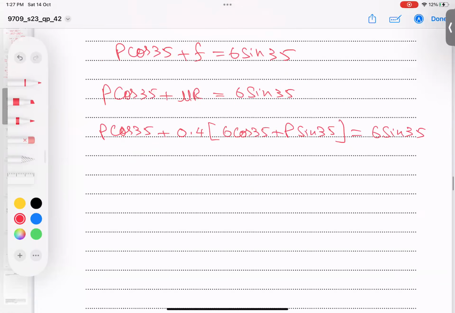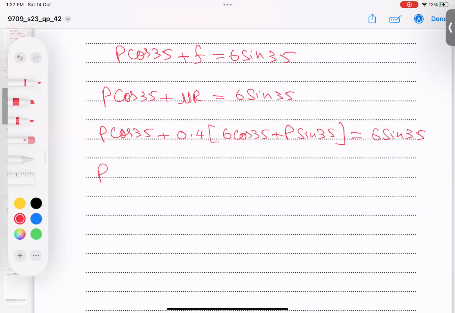And the rest is just algebra. I'm completing P cos 35 plus 0.4 multiplied inside with both values. So I get what? P cos 35 plus 0.4 times 6 cos 35 plus P times 0.4 into sine 35 equal to 6 sine 35.